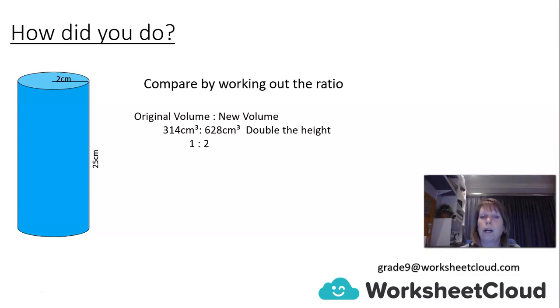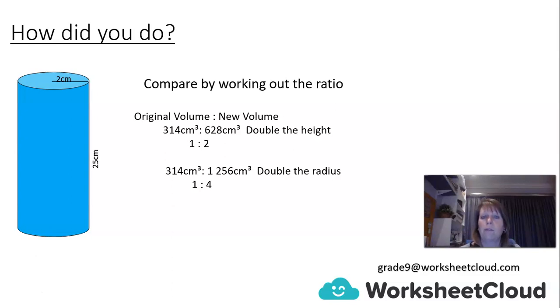So when we double the height in both cylinders that we've worked with, our volume doubled. Okay, so then the next one, we doubled the radius, and our original volume was 314, and our new volume there was 1,256. You can all, I'm sure, figure out that that is 1:4, which means that when you double the radius, we've worked it in 2 cylinders now, our volume is 4 times as big.